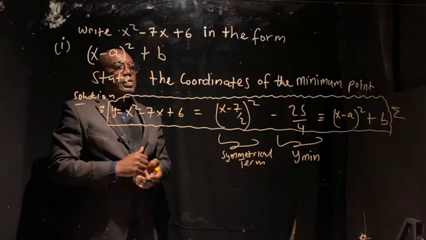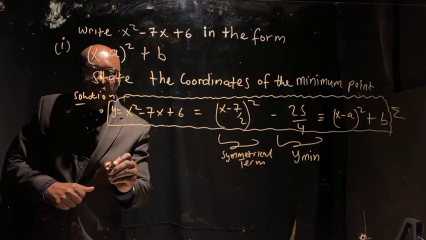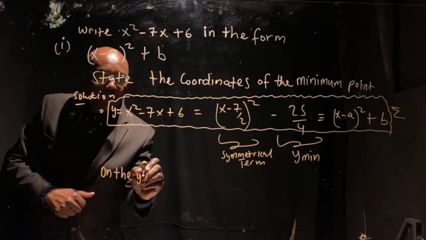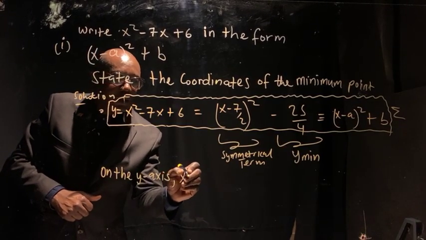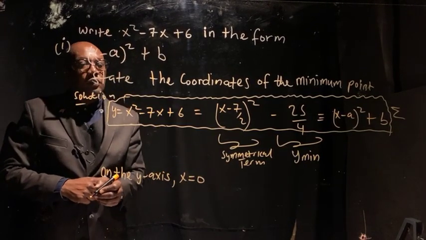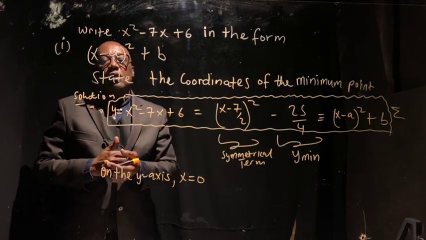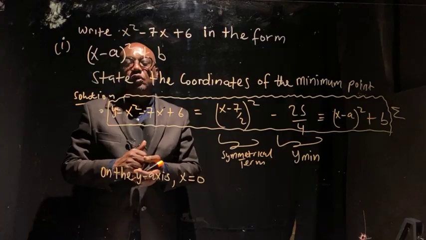So you can see that on the y-axis, x equals 0. When the curve crosses the y-axis, x is equal to 0.